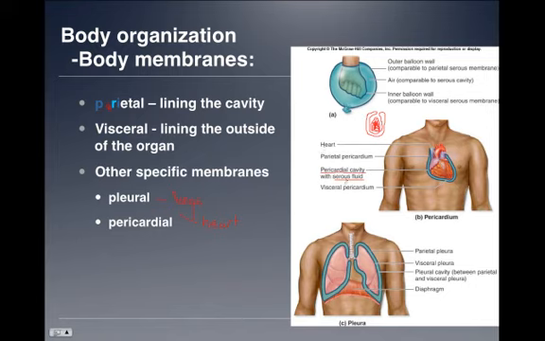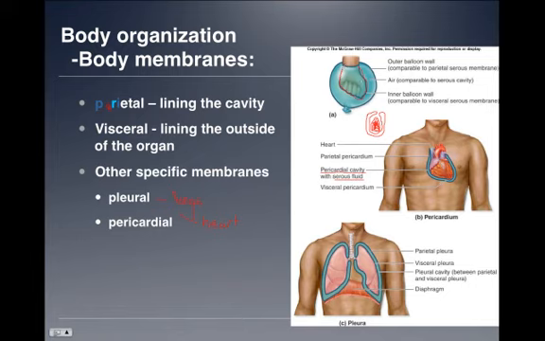And so for any type of sac like this, we're going to have an inner membrane that directly lines the organ, and then where the membrane folds back on itself. So the inner lining right here, that would directly line the heart, we call the visceral lining, or visceral pericardium in this case because it's the heart.